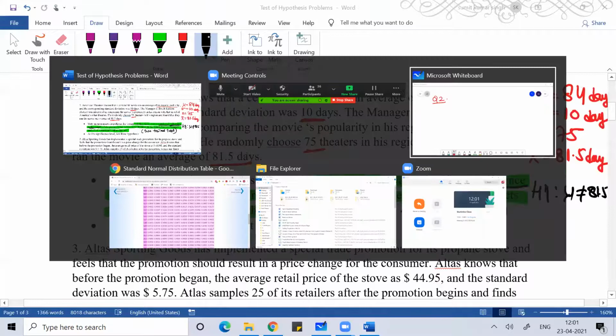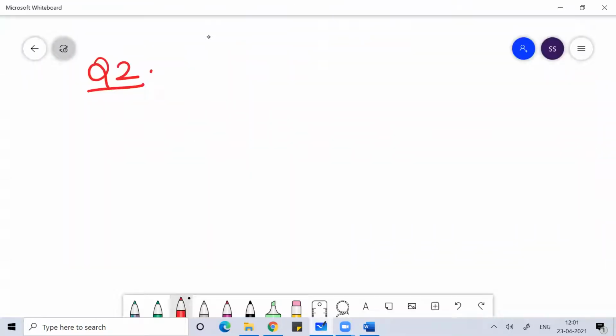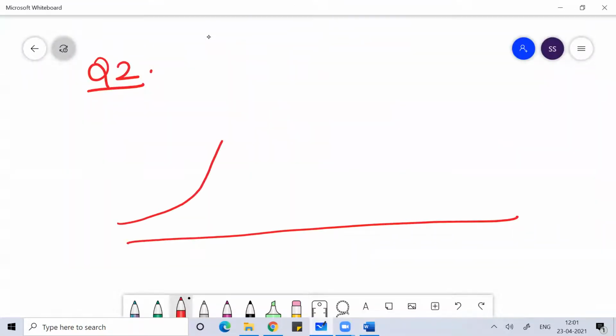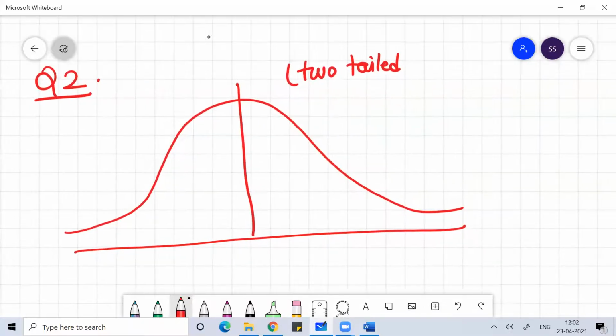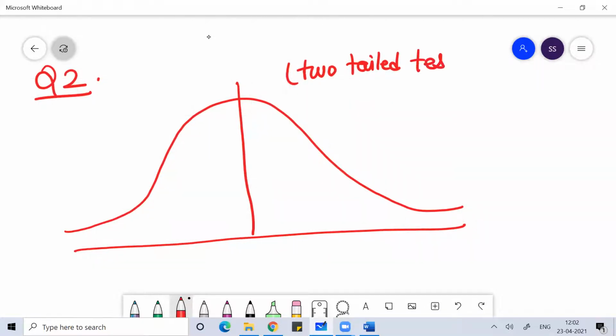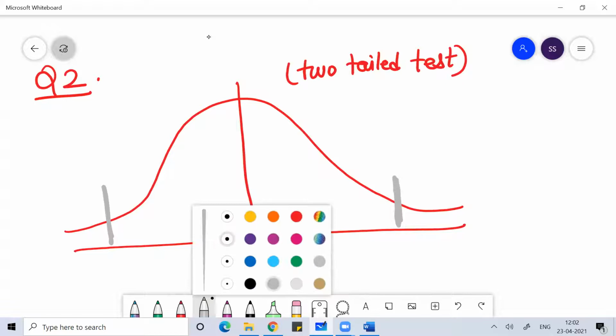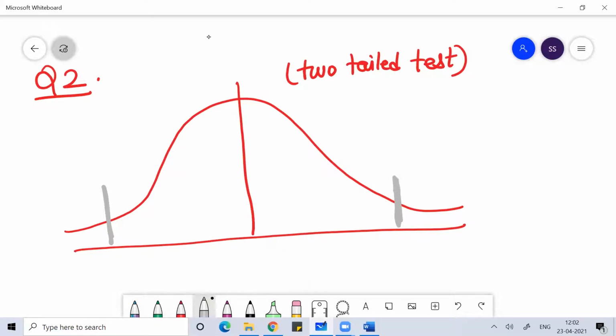So if you see this problem, this is a problem of a two-tailed test. Because this is a problem of a two-tailed test, it will have two alpha values.